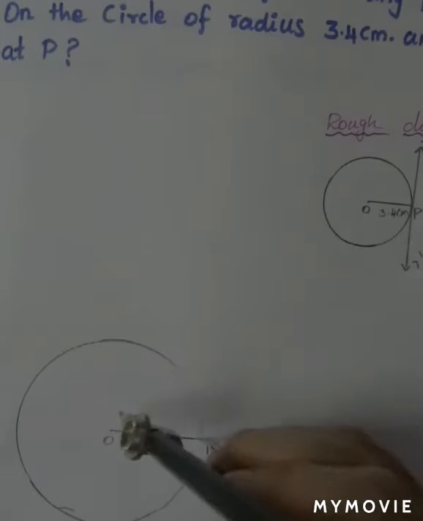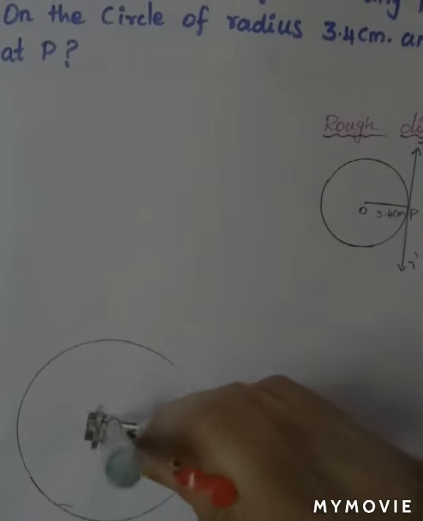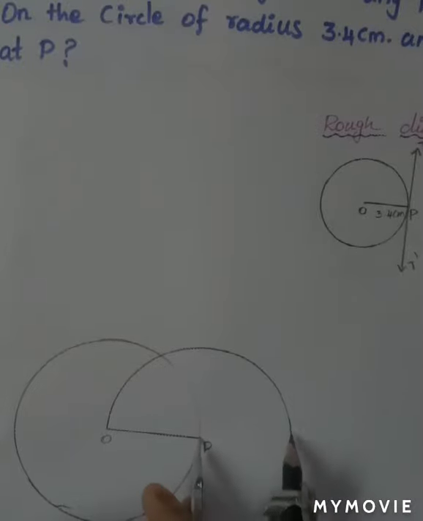With P as center, draw a big arc like a semicircle.